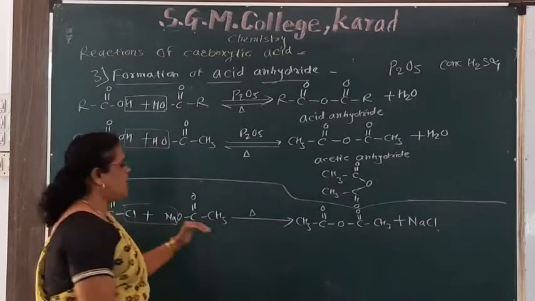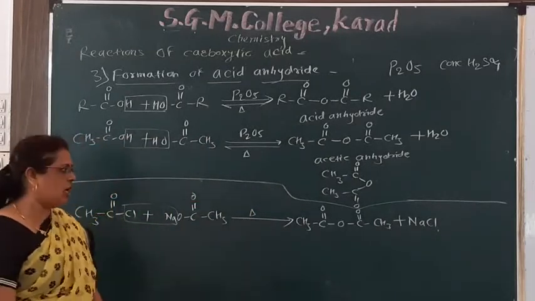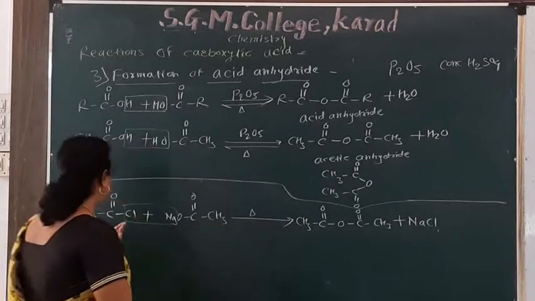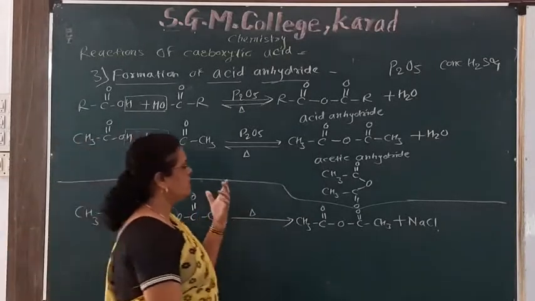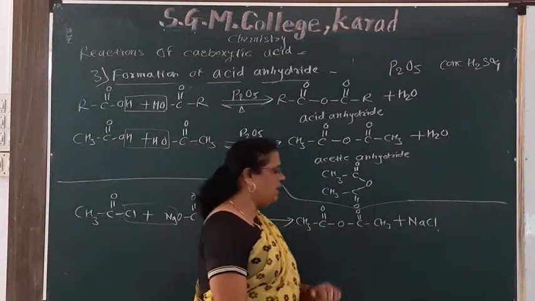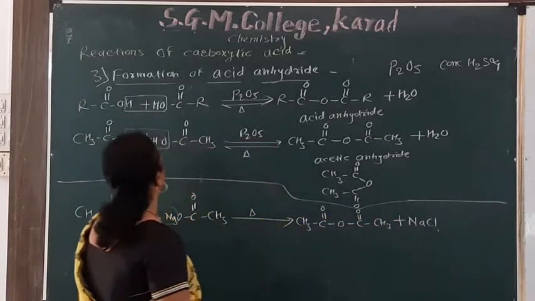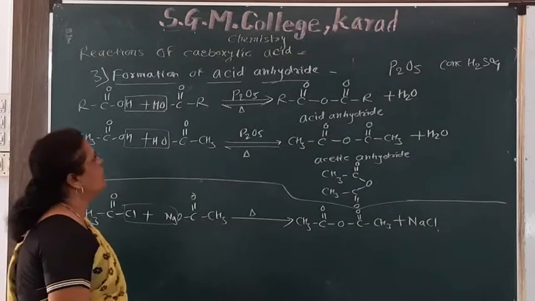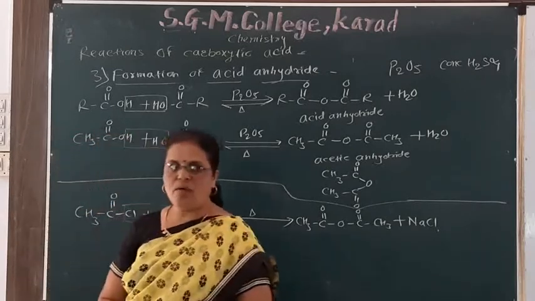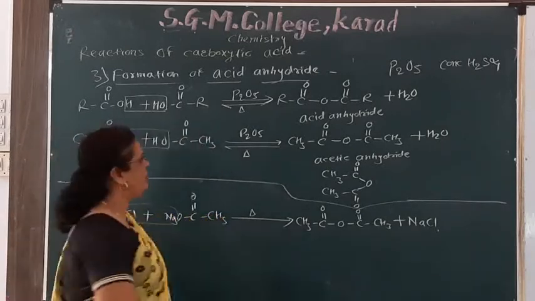Here this reaction is irreversible, to get a better yield of acetic anhydride. This is the third reaction, that is formation of acid anhydride.